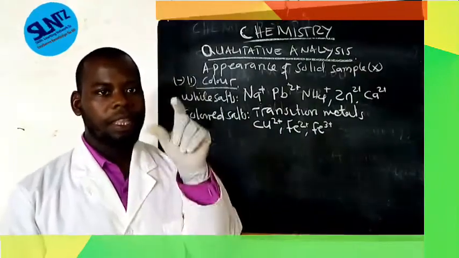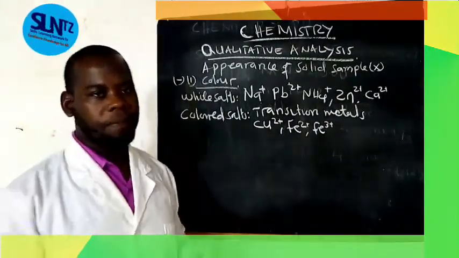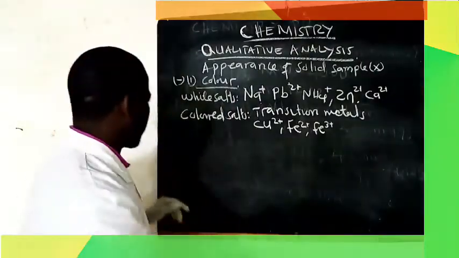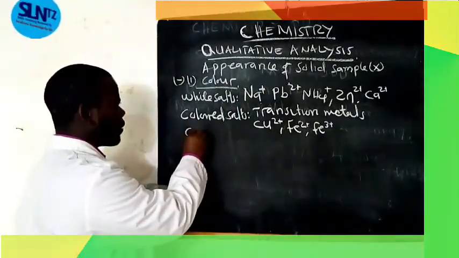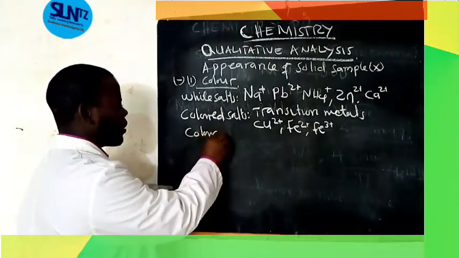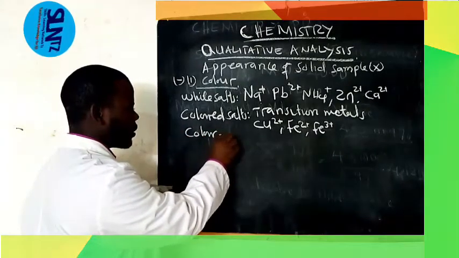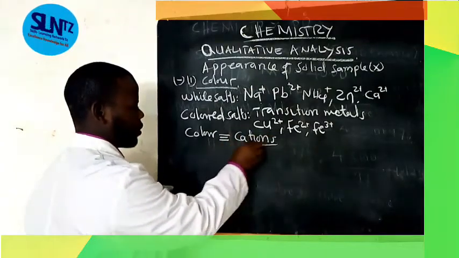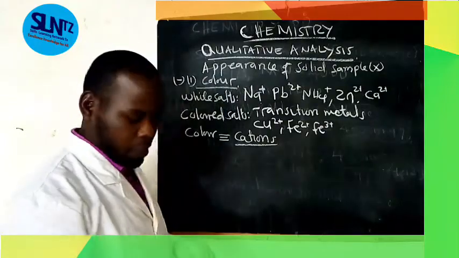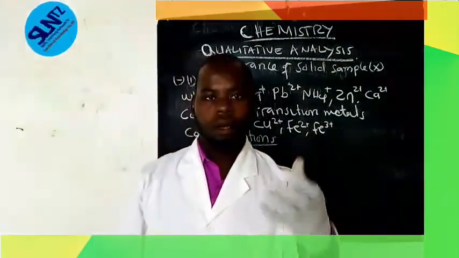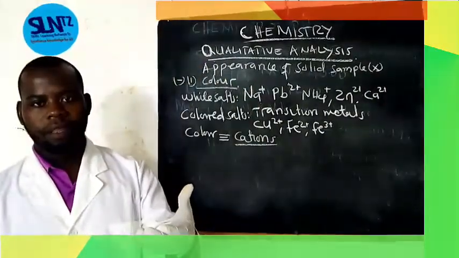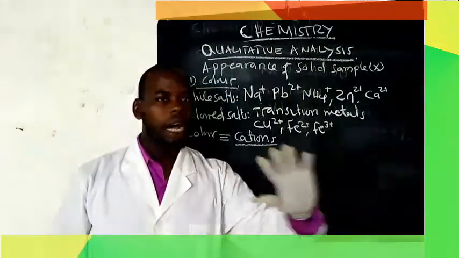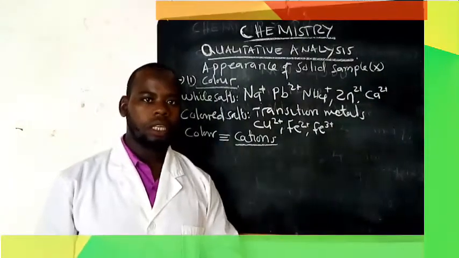So it means the color represents cations, and not the others. It means when you see a white salt, you exclude other compounds which are not white.